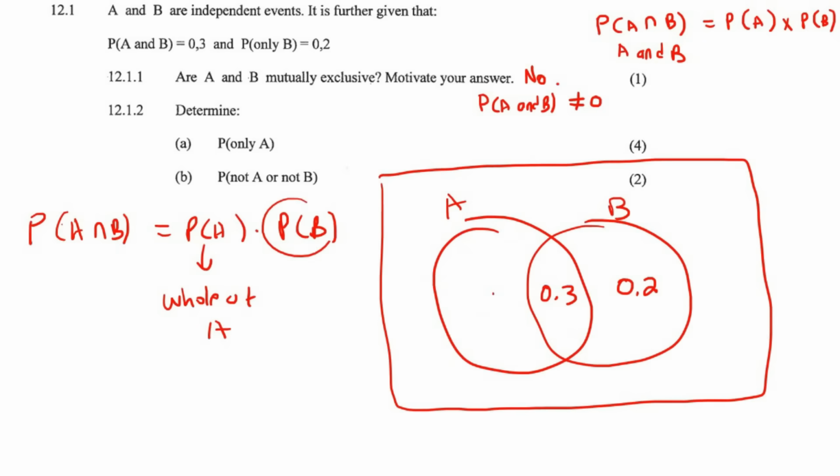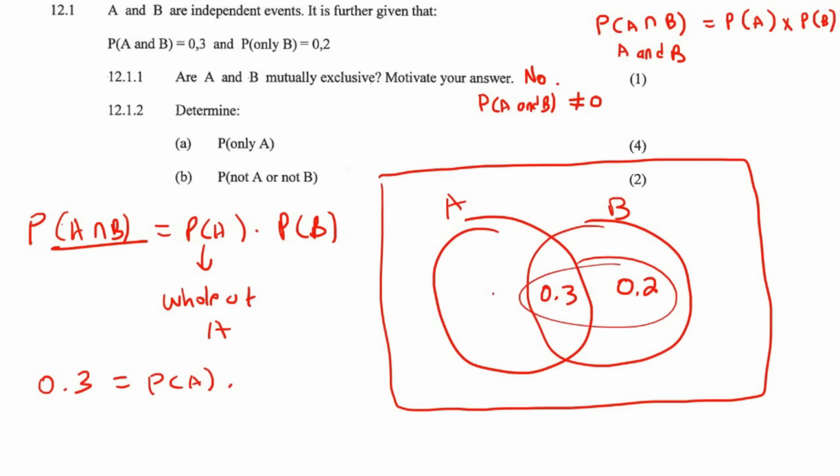And when they're saying the probability of B, they mean the whole of B, which is all of that. These parts here aren't the only. So we know that probability of A and B is 0.3. Probability of A, we don't know what that is. And then B is all of B, so that's these two together, so that's 0.5.